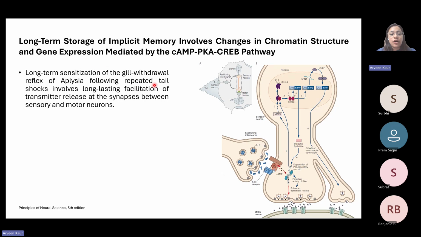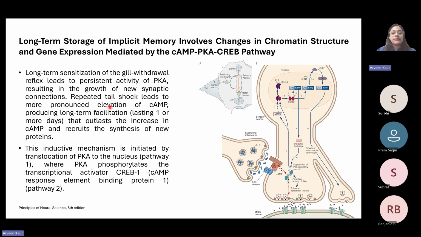Long-term sensitization of the gill withdrawal reflex of Aplysia following repeated tail shocks involves long-lasting facilitation of neurotransmitter release at the synapses between sensory and motor neurons. Right? What happens over here?